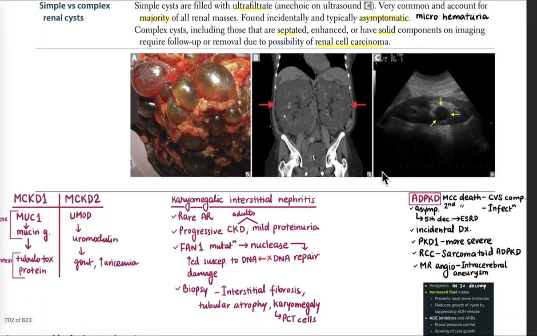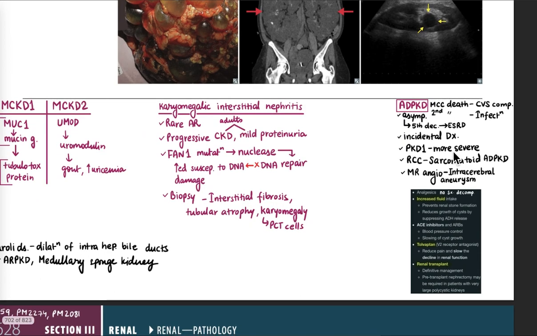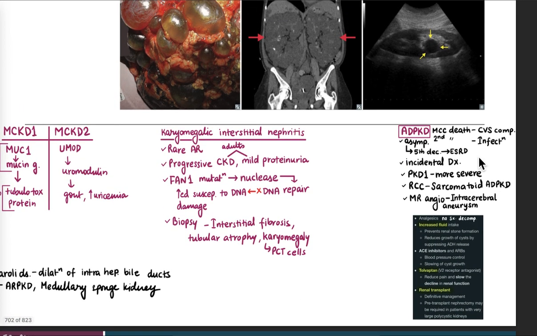Now, a very small write-up on ADPKD, that is autosomal dominant. The most common are CVS complications, and it is an incidental diagnosis, usually in adults. PKD1, which we studied earlier, was more severe, and the RCC that takes place is associated with sarcomatoid ADPKD.